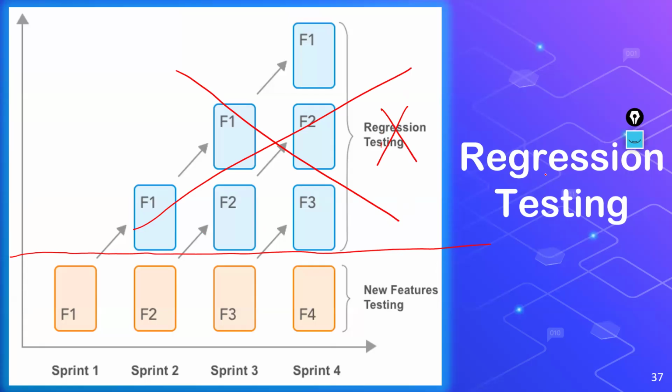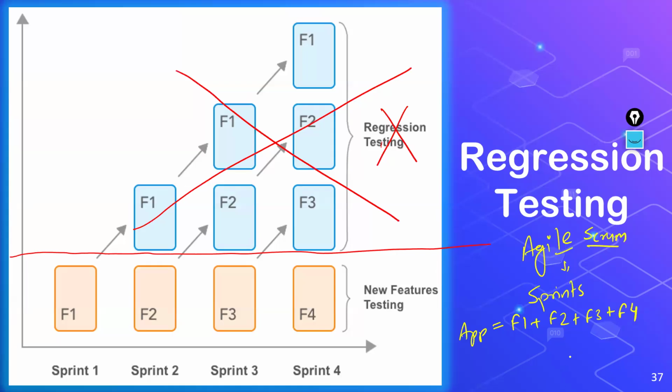Now we are going with agile. And in agile we go with sprints. Or to be more specific, I can call it agile scrum. We go with sprints. Now here, let's say your application is made up of four features: F1, F2, F3, and F4.